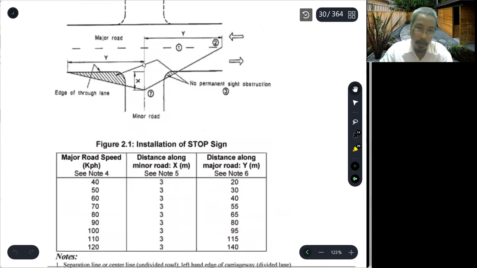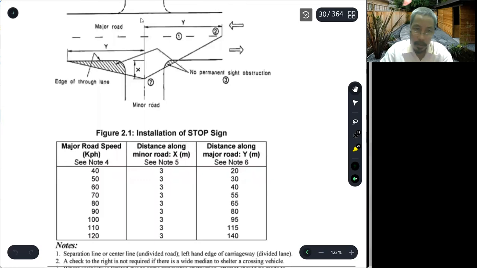So from this point to this point is 65 meters, and from this point to this point is 3 meters. So free the obstruction inside that triangle and also here. This is Y, and also on the other side, Y. From X to the center, but here from X to the side of the road.